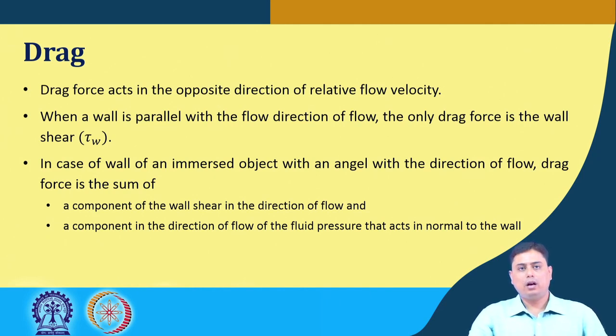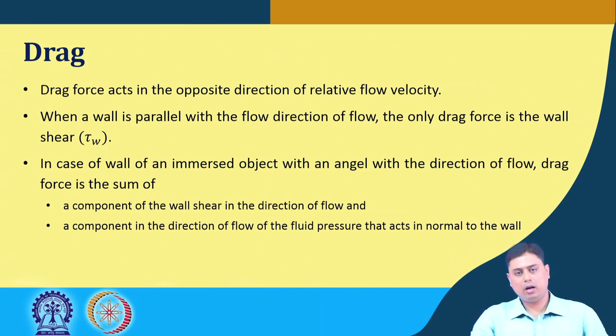Now when a wall is parallel with the direction of flow, the only drag force is the wall shear. You can imagine this scenario, where the wall is parallel with the direction of flow.